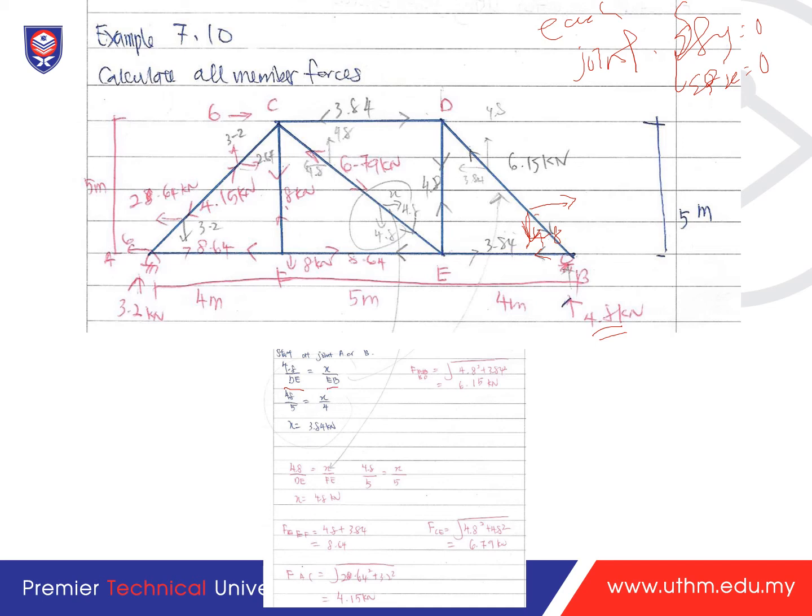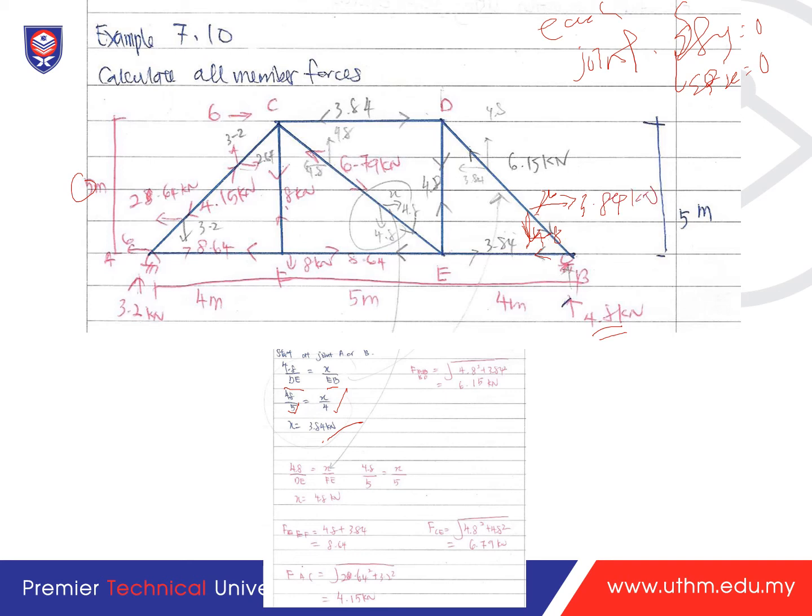So 4.8 over 5 is equal to X over 4. When you use this method, you will straight away find that X is equal to 3.84 kilonewtons. So you found another one here, 3.84 kilonewtons.